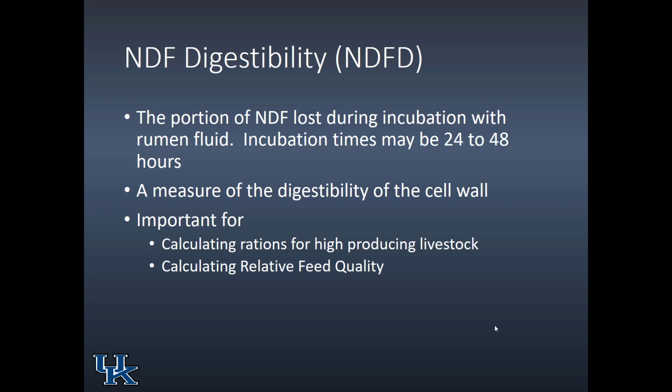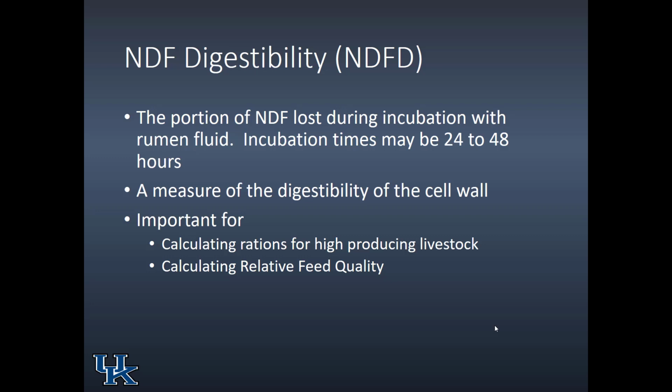So NDFD is usually going to have a specified number, and probably NDFD 30 is going to be more useful to the producer than NDFD 48. But at any rate, you get the point. NDFD is how much of the total cell wall is lost during incubation with rumen fluid.